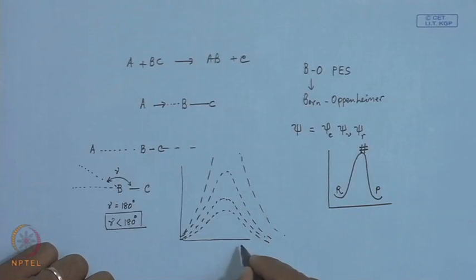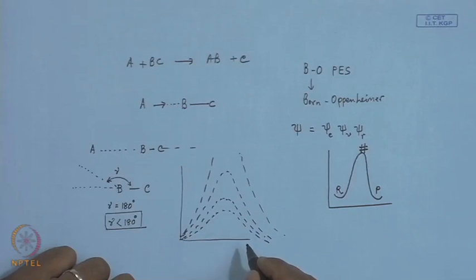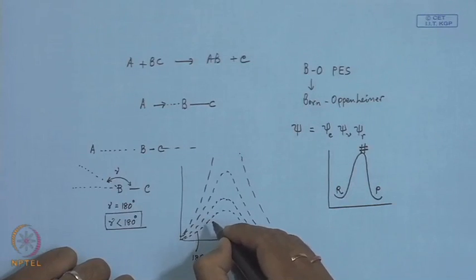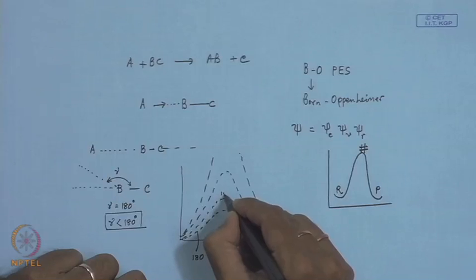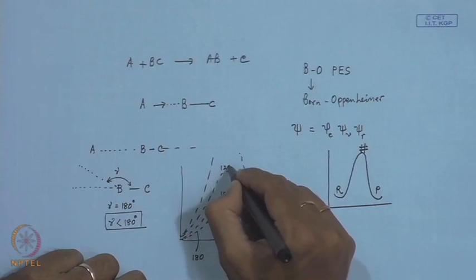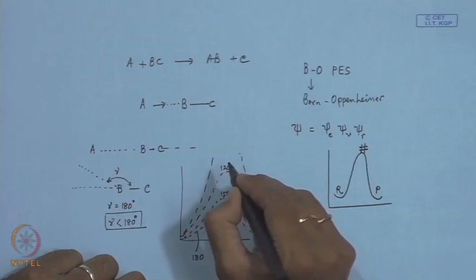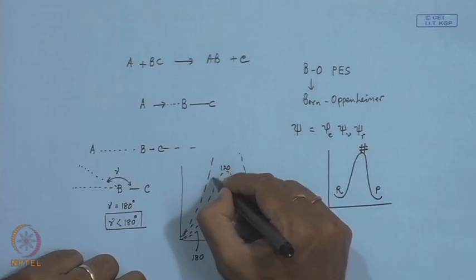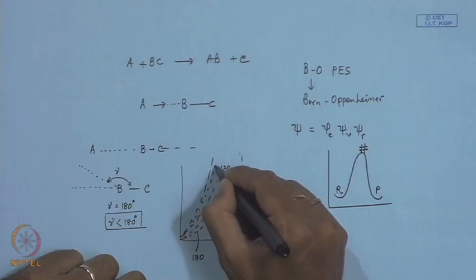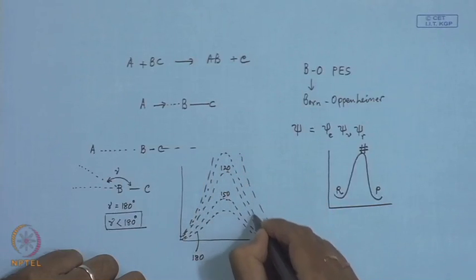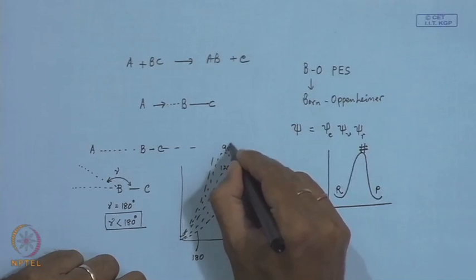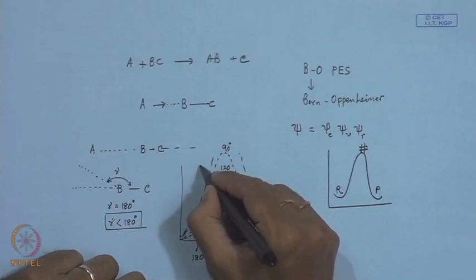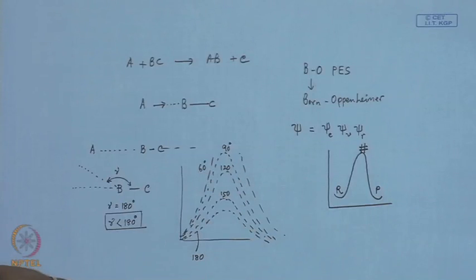A very high barrier. Maybe the lower one is 180, then maybe 150, then 120, then maybe 90 degrees, which may be even more, and the other one is maybe 60 degrees.